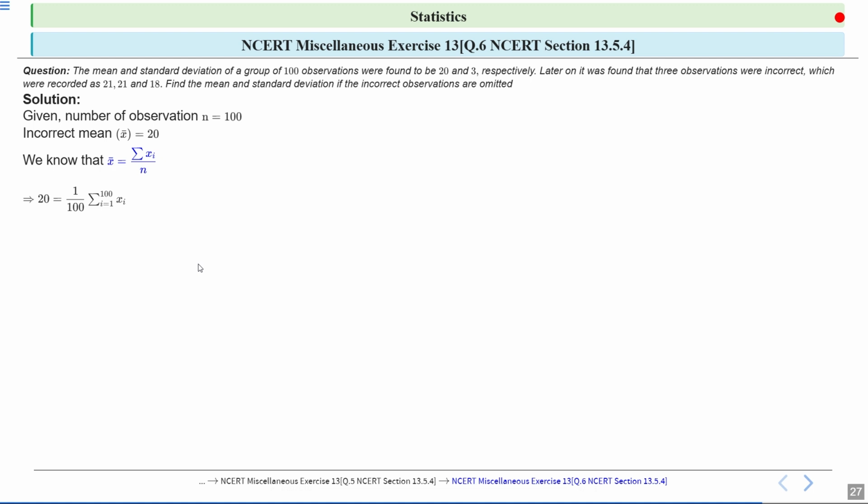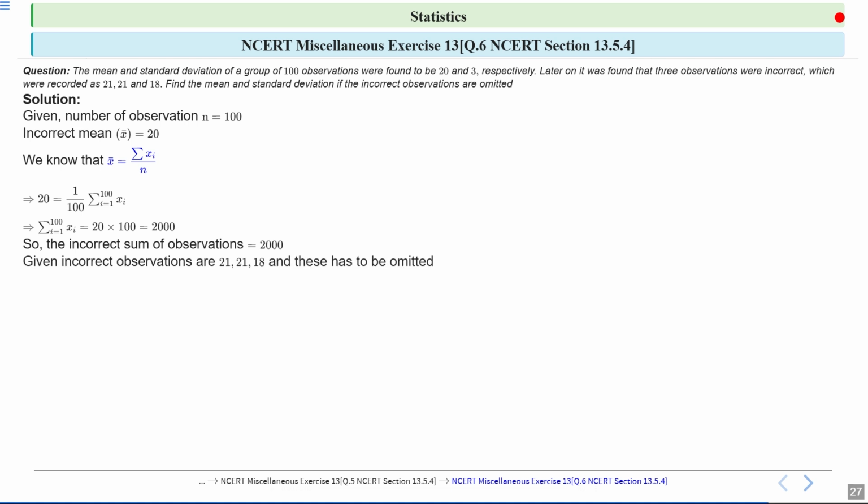Here the mean x bar is 20. So it implies 20 equals 1 divided by 100 times the summation from i equals 1 to 100 of xi. It implies the summation from i equals 1 to 100 of xi equals 20 times 100. This is equal to 2000. So the incorrect sum of observations is 2000.